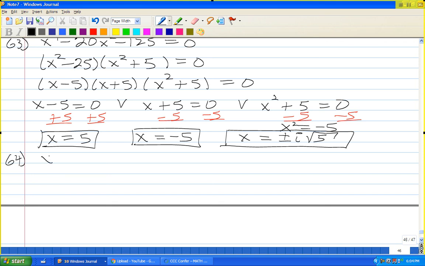x to the 4 minus 5x squared plus 4 is 0. Again, this is a monic quadratic trinomial in x squared. So I can factor this as x squared.